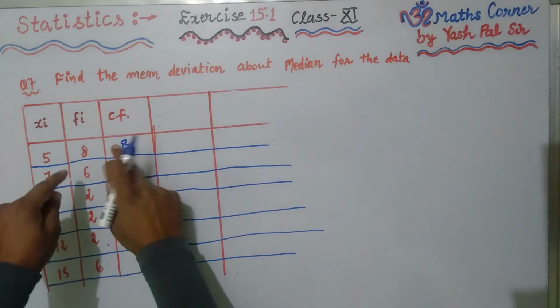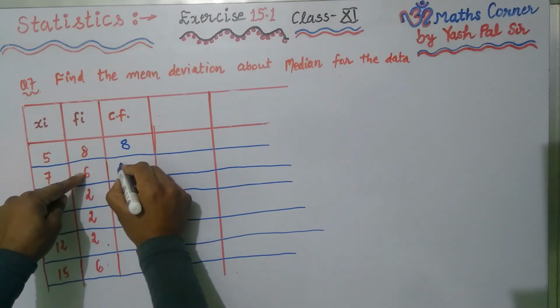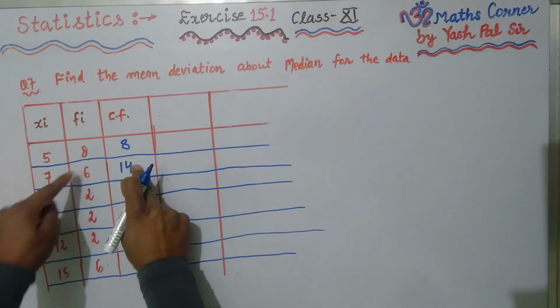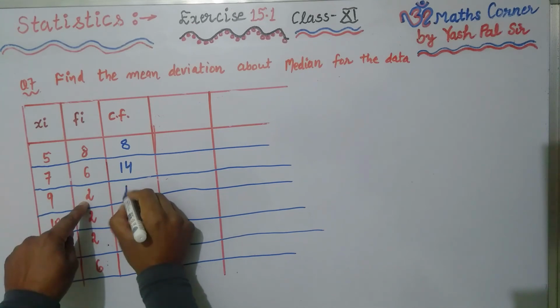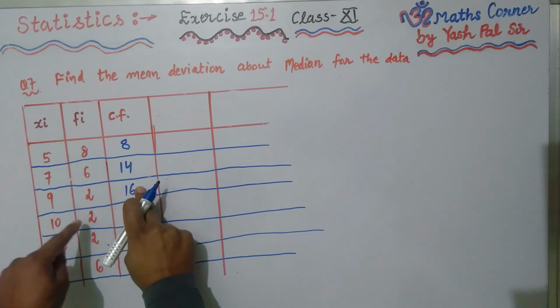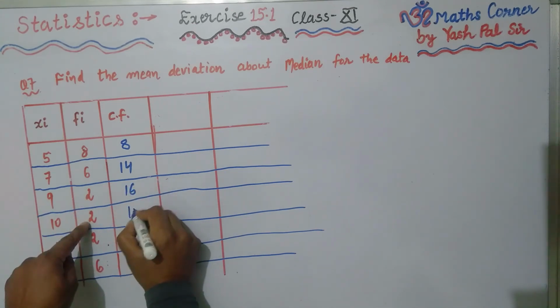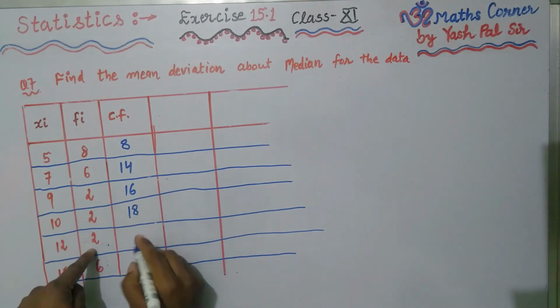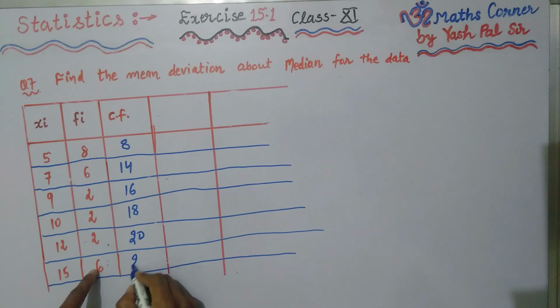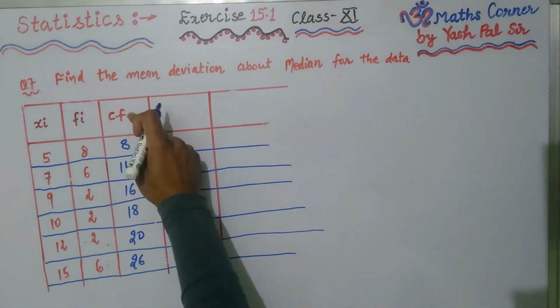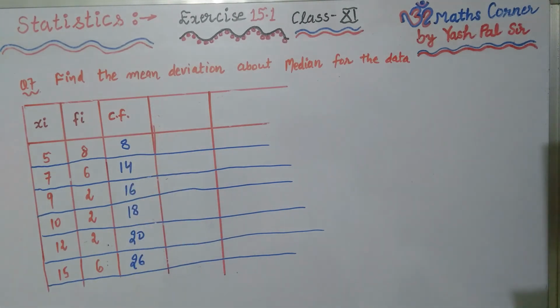Now 8 plus 6, 14. 14 plus 2, 16. 16 plus 2, 18. 18 plus 2, 20. 20 plus 6, 26. So this is called the cumulative frequency.